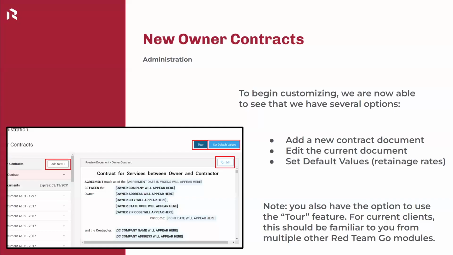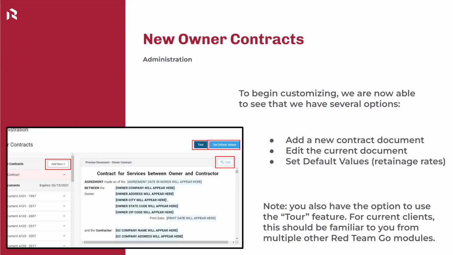When we click into one of the contract documents over on the left, so again, in the screenshot, we see the one that's highlighted in pink. That's the one that we're actively working with. So when we select one of them, the right portion of the screenshot here is the document itself, the owner contract document.